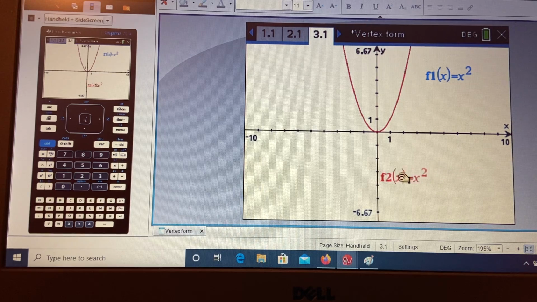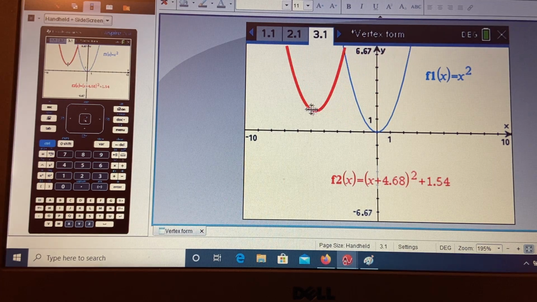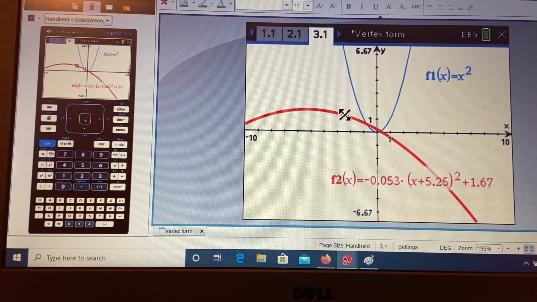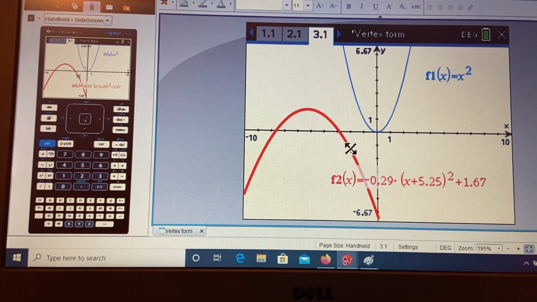So let's look at this one now. And let's move it over here. Now let's do one where it is a negative. So if it's negative, we need to change that A and bring it all the way down here where it's negative. So now our A is negative. It opens downward.